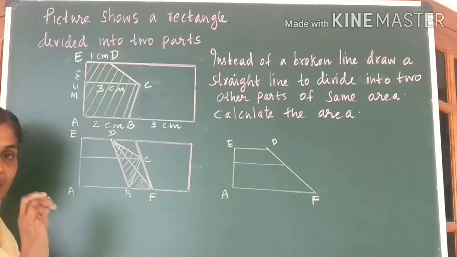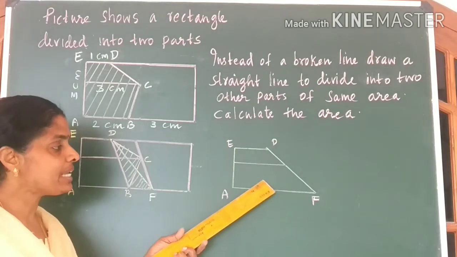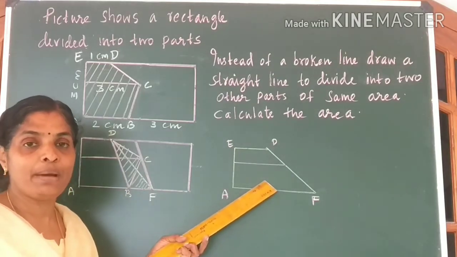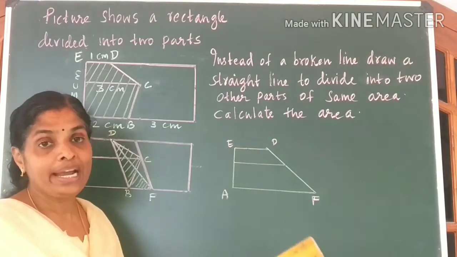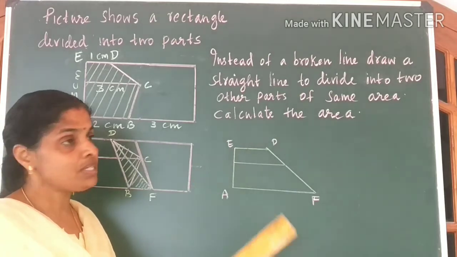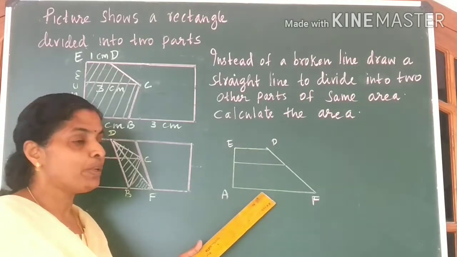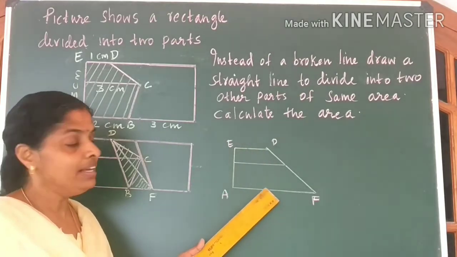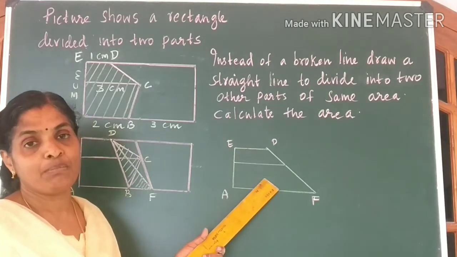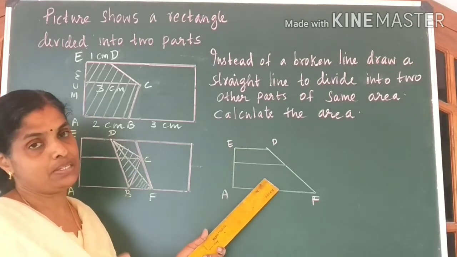Is it clear? The four-sided figure is called by a general name, quadrilateral. But since one pair of opposite sides are parallel, this four-sided figure can be called a trapezium.